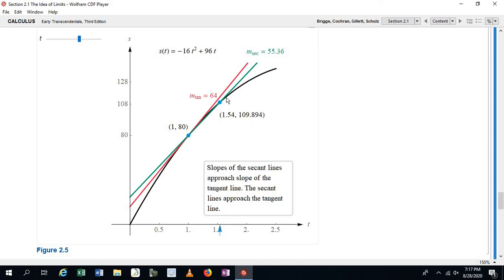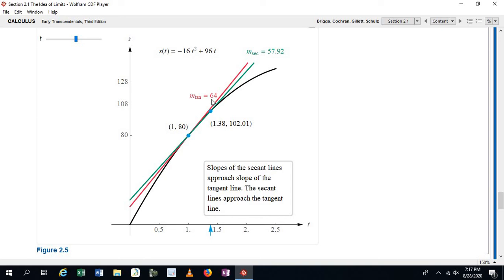So as t is approaching 1, this secant line is getting closer to this tangent line. In fact, the slopes of these secant lines are also approaching the slope of this tangent line, which happens to be 64. A couple of things to take note of here.